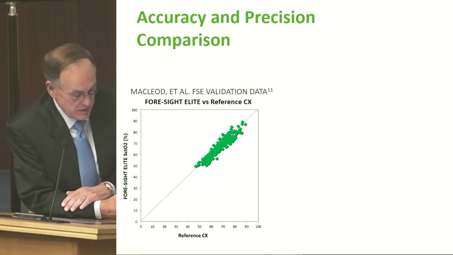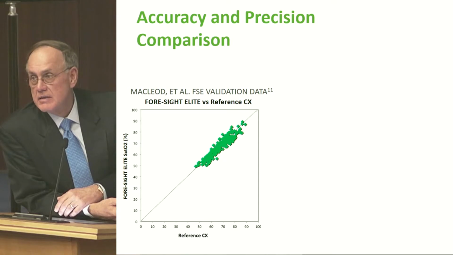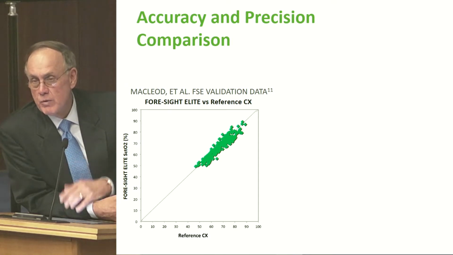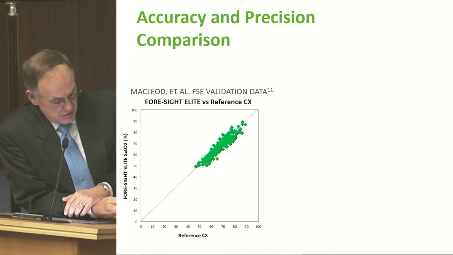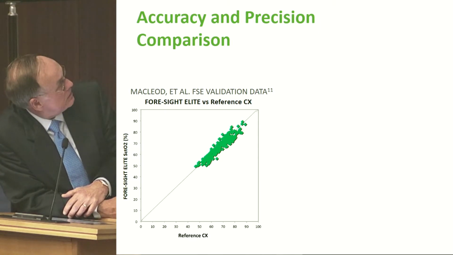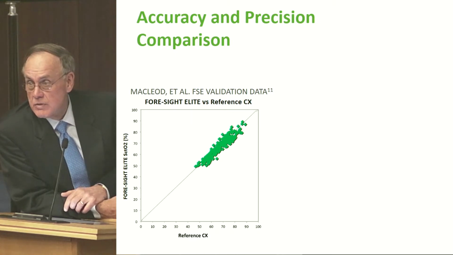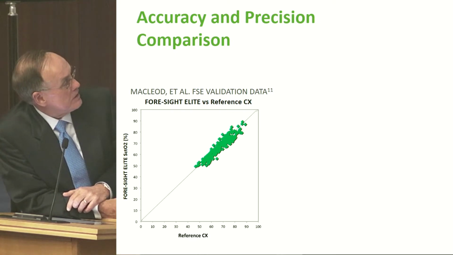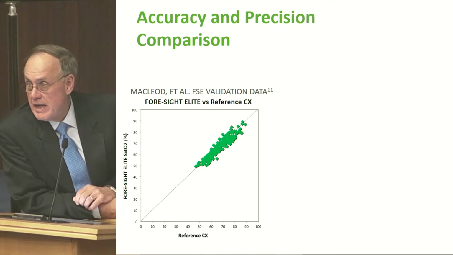So how accurate is the monitor? Can you be confident that the saturation value that the monitor is reporting is actually the true saturation value? So we did studies, and here was the number that was being displayed on the Foresight monitor, and we compared that to saturation values on actual blood samples from the brain.